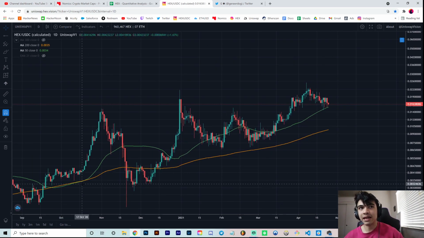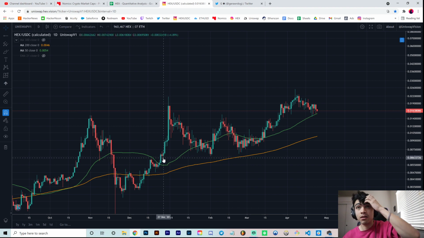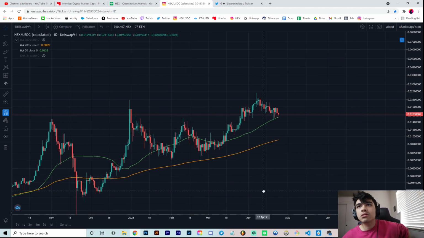It's something like this setup over here, right before our run up. And here we had obviously our supply shock, and we've pretty much just been consolidating ever since in this range of 0.006 to about 2 pennies for the past 4 or 5 months or so.